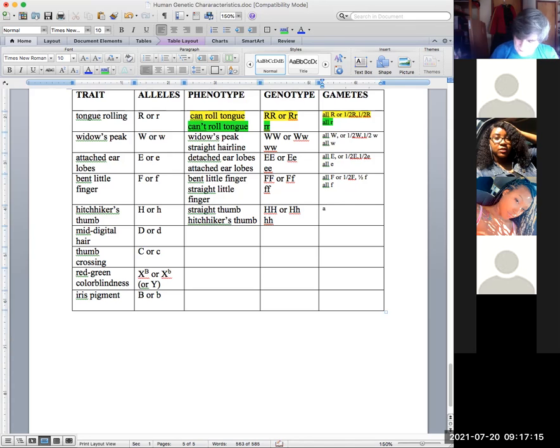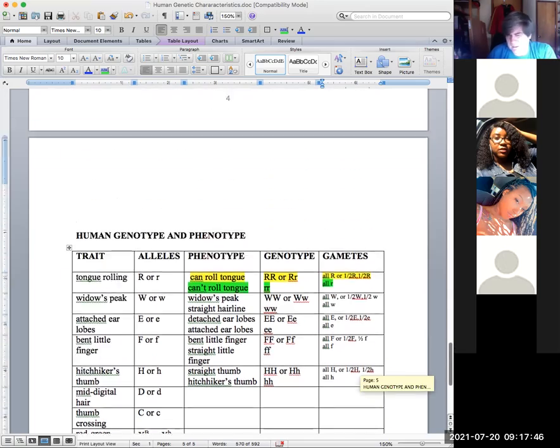If you have a straight thumb, depending on which genotype you have, either all your gametes are big H or half of them are big H, half of them are little h. If you have hitchhiker's thumb, they're all little h.